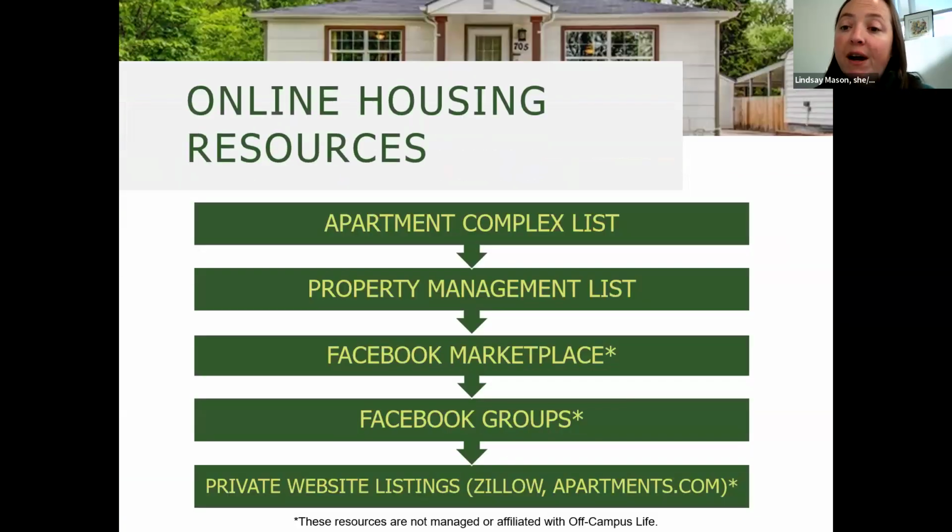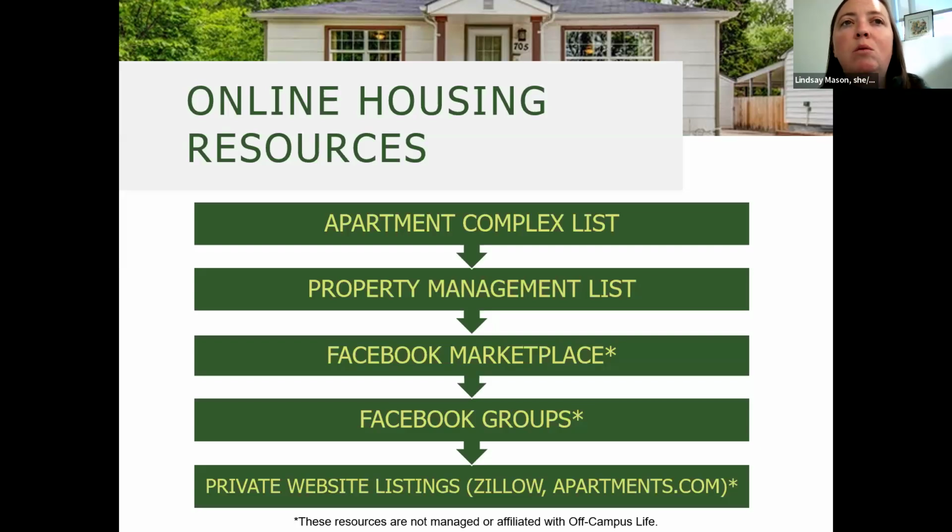There are other options for finding housing. On the Off-Campus Life site, we have an apartment complex list and a property management list. The apartment complex list is a compilation of all different types of apartment complexes in our community. It's an Excel spreadsheet, and if you download it, it will give you different information about the different complexes.